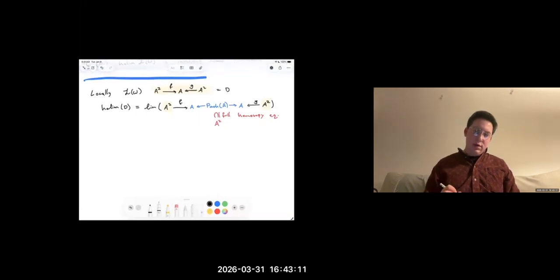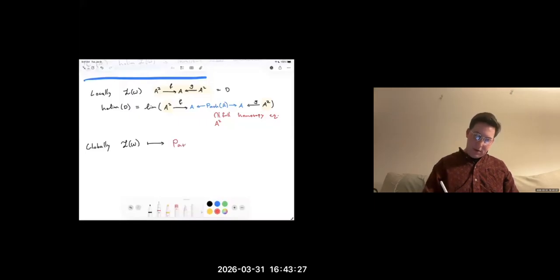Okay, so more generally, what I want to say is this. Globally, let's take L of W and replace it by this path extension here.